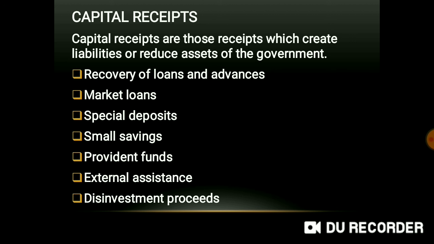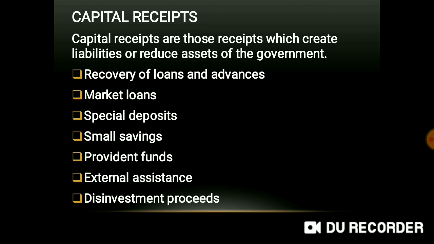The different sources or examples of capital receipts are recovery of loans and advances that are taken by the state government, the union territories, foreign government, etc. The market loans is another source of capital receipts, that is the loan taken by the government from the public.